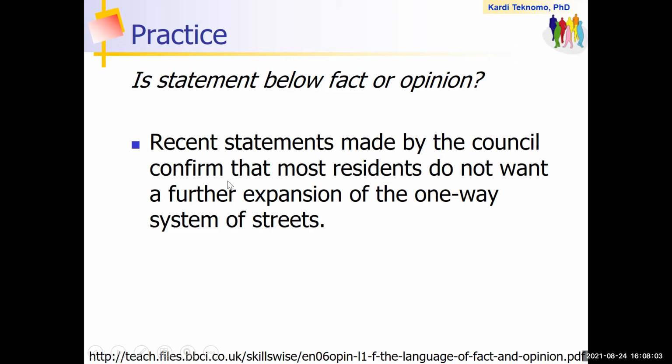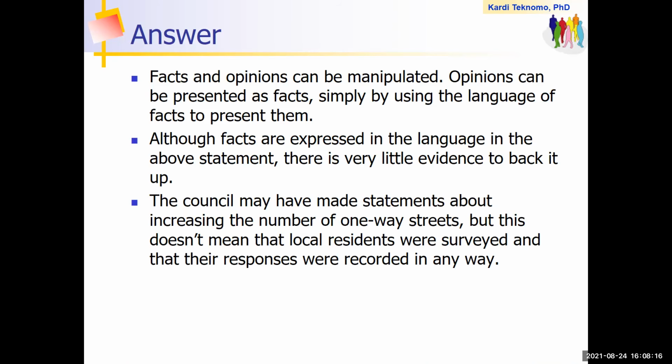But most residents don't want further expansion of one-way streets. We are not sure yet at this point, right? So this is called abuse of fact. Fact and opinion can be manipulated. Opinion can be presented as fact simply by using the language of fact.